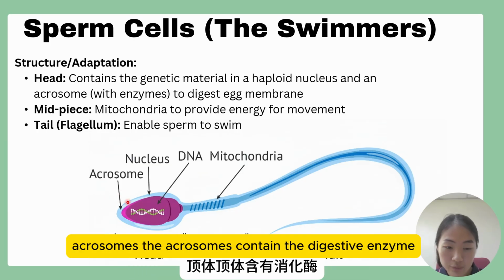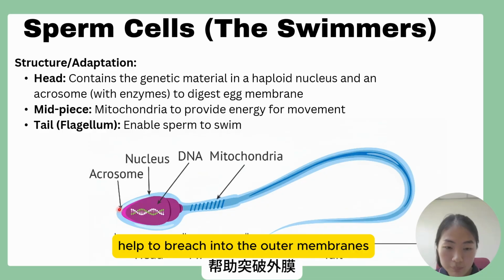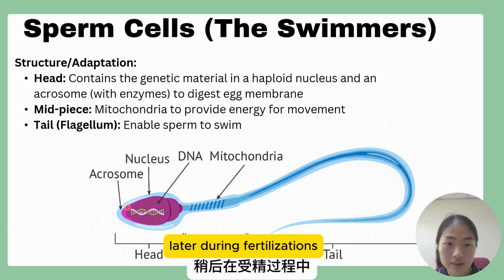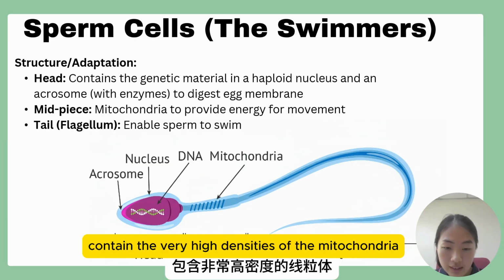It contains the acrosome. The acrosome contains digestive enzymes. The enzymes help to break into the outer membrane, which is the zona pellucida of the egg cell, later during fertilization.